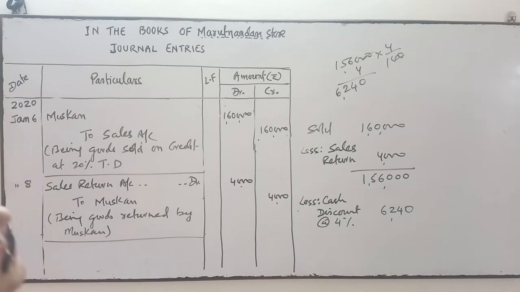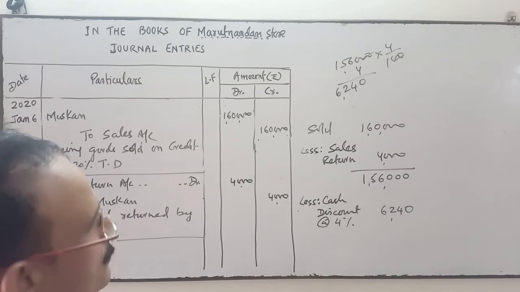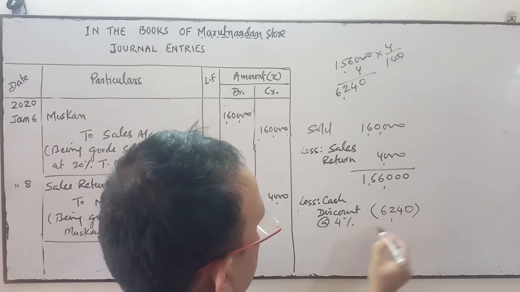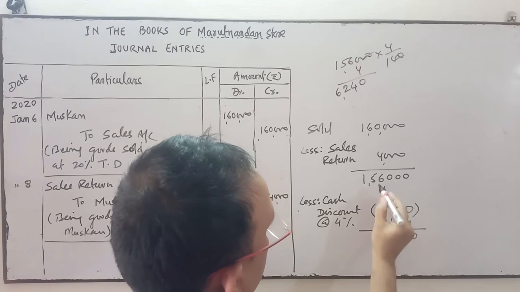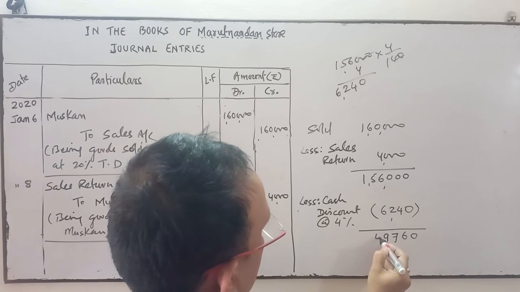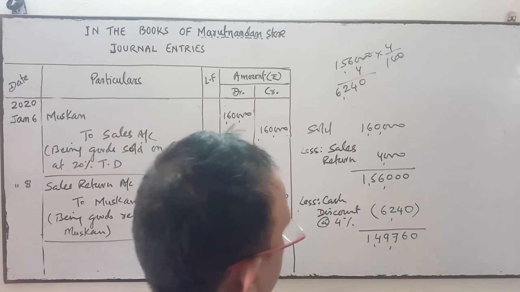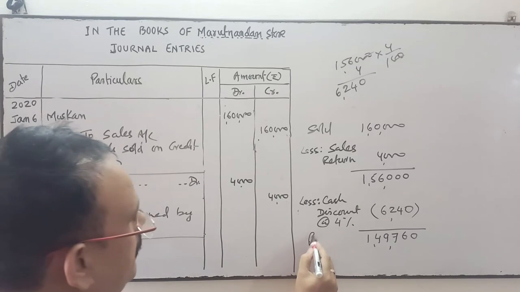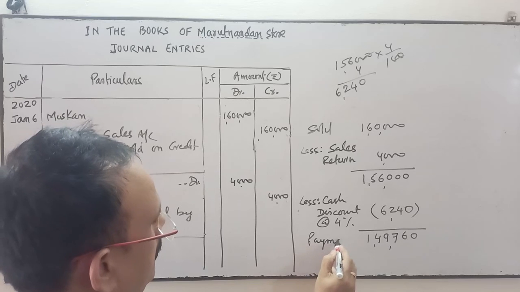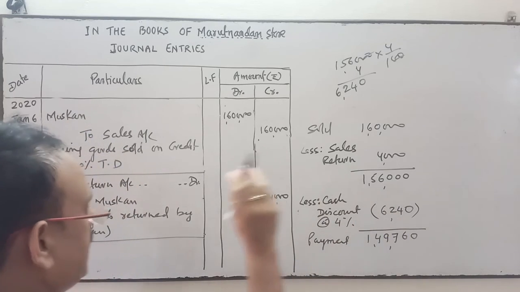Okay, so this amount will be deducted, and the final payment will be 1,49,760. This indicates your cash discount.